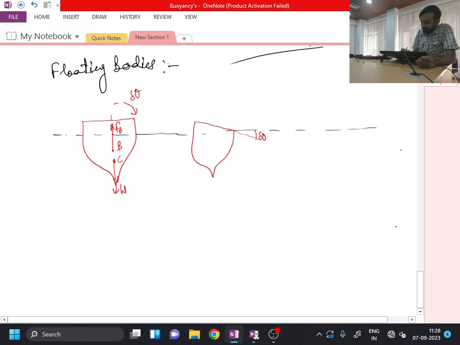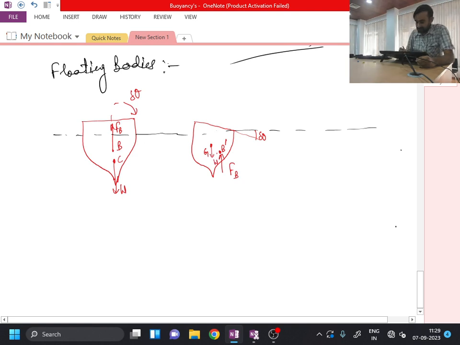Because I am shifting the volume, I am actually changing the submerged volume. So when I am changing the submerged volume, my center of buoyancy has displaced to this point B dash, and the center of gravity has moved to this point G. So of course here I will be having the buoyancy force, here I will be having weight in downward direction.